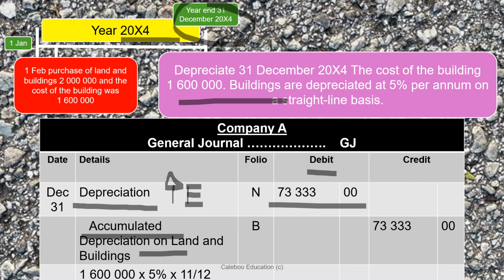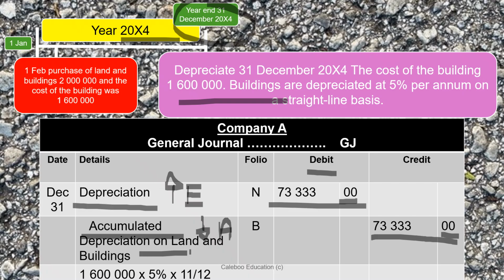The accumulated depreciation on land and buildings is a negative asset because it's going to decrease the book value of land and buildings, and land and buildings is an asset. So accumulated depreciation is a decrease in assets, the value of the land and buildings. The rule says a decrease in assets, credit.